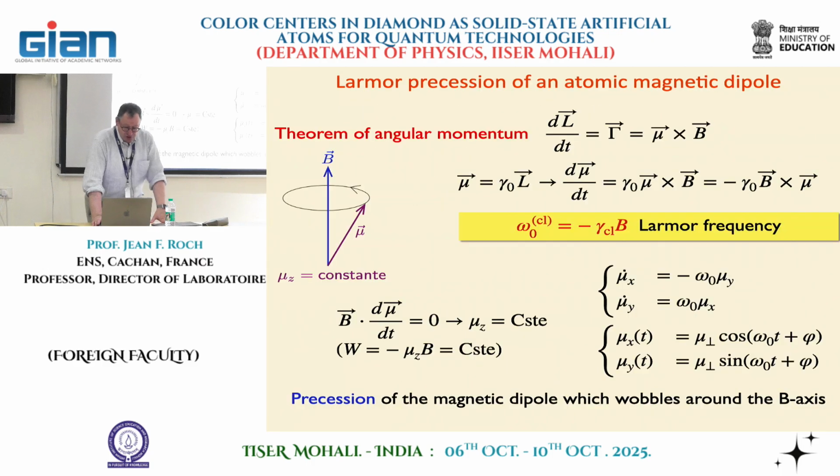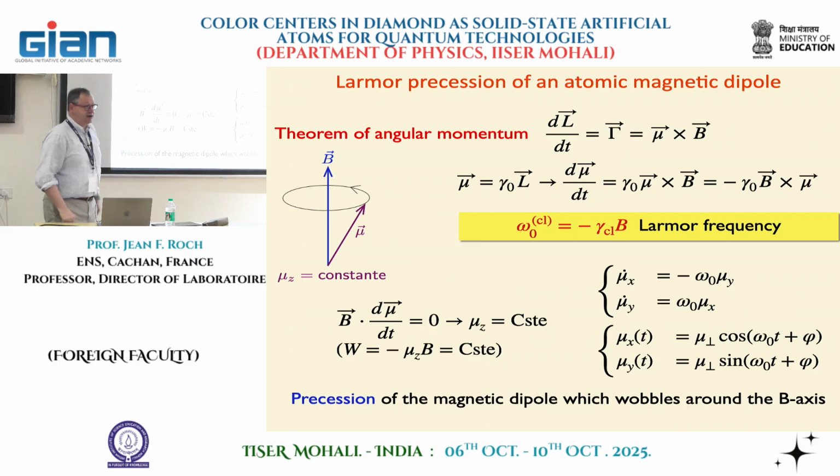Okay, so now I can use that, and I can also do something different. I can now try to understand how this atomic magnetic dipole will behave in the magnetic field. For that, I know that there is this link between the angular momentum and the magnetic dipole, okay? There's this proportionality, and I know how the magnetic field acts on the magnetic dipole.